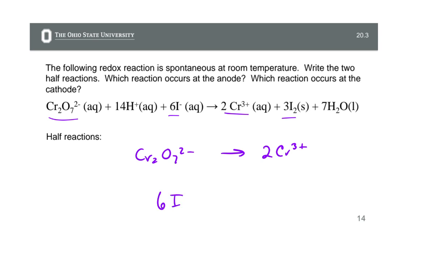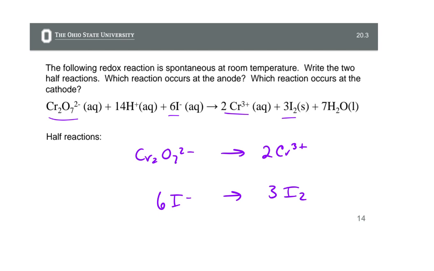So I'll have 6 I- forming 3 I2. I'm going to leave off my phases. I don't know where to put the hydrogen ion and the water, so I'm not going to worry about that right now, but what I'm going to do is start balancing these half reactions. We're going to start here and then work through what we did last time.